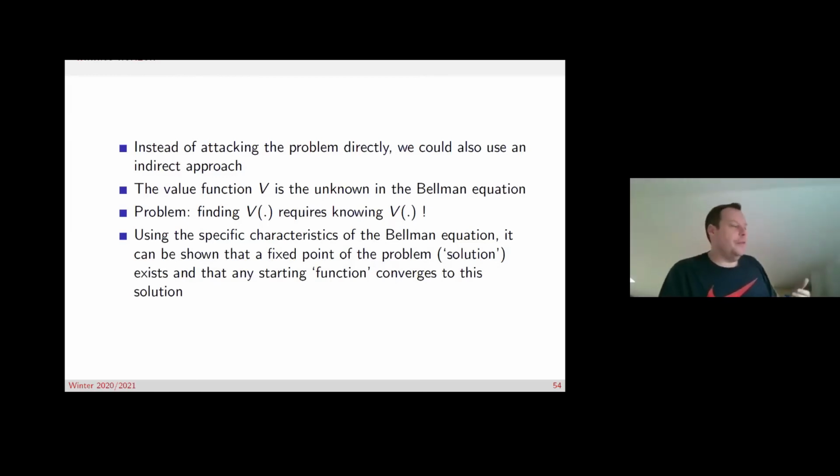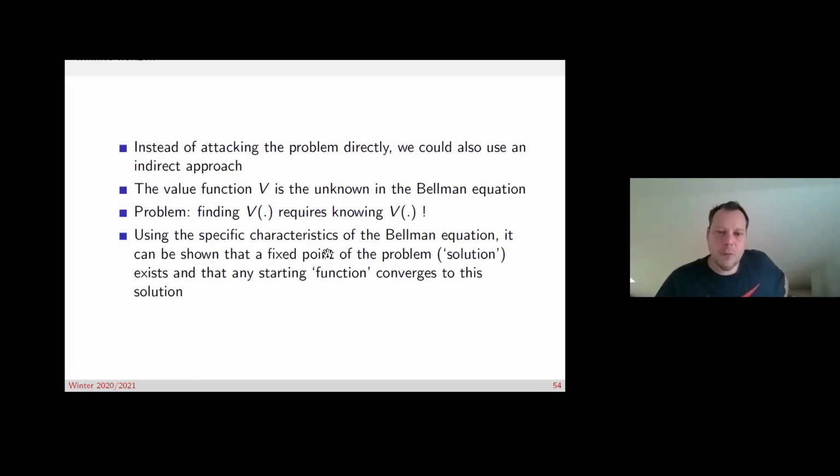And the basic approach would be, as before, well, let us find the value function. The value function is basically the unknown thing in the Bellman equation. And once we know the form of this function, it's very easy to find the optimal path and find everything that you need to know.